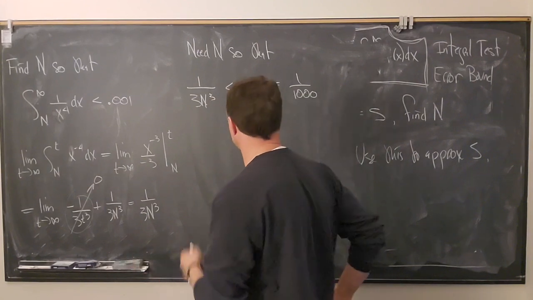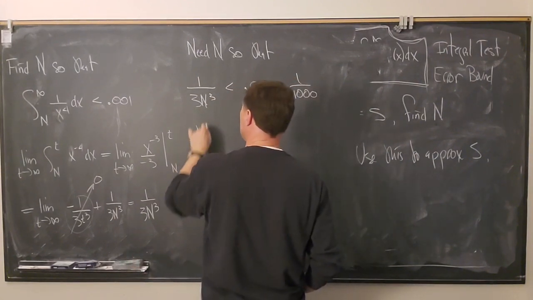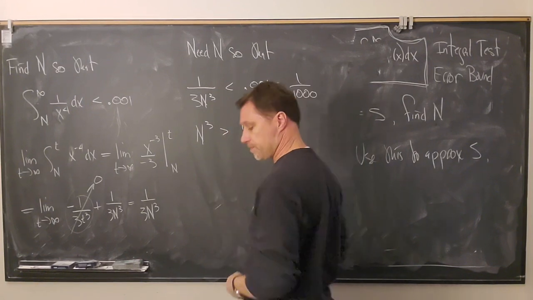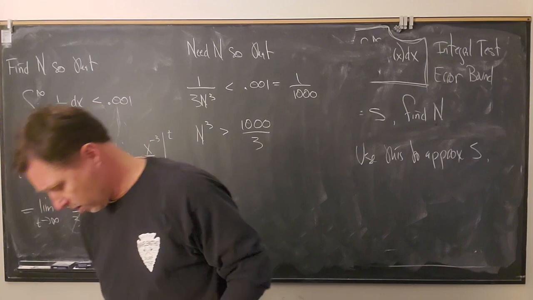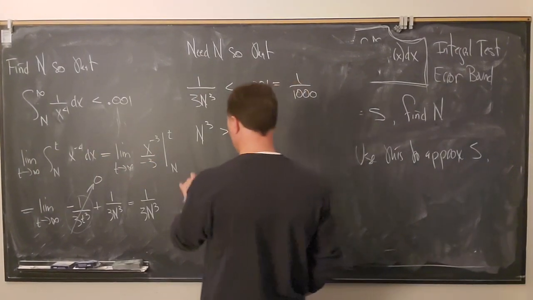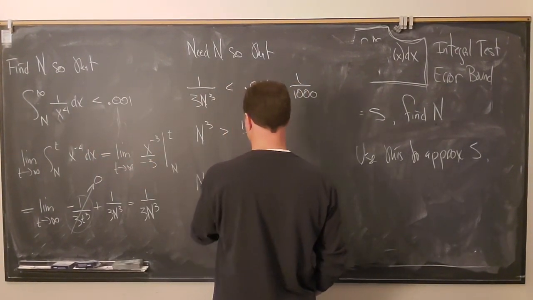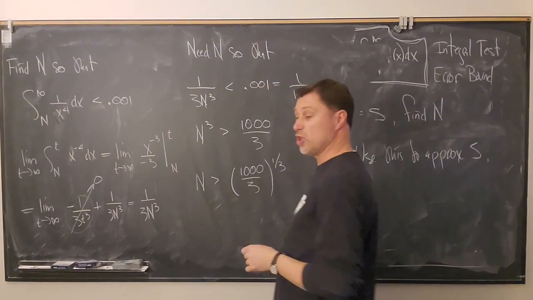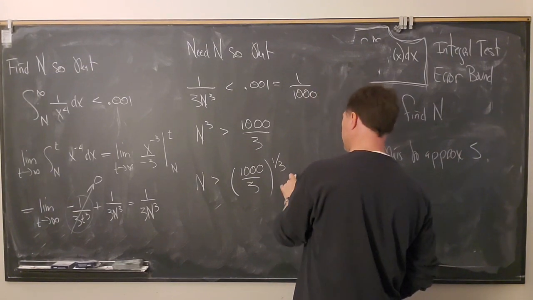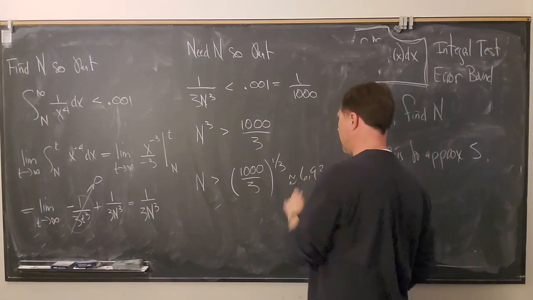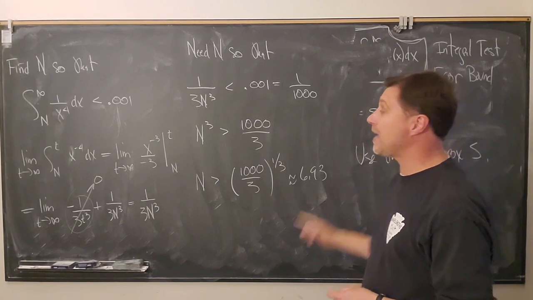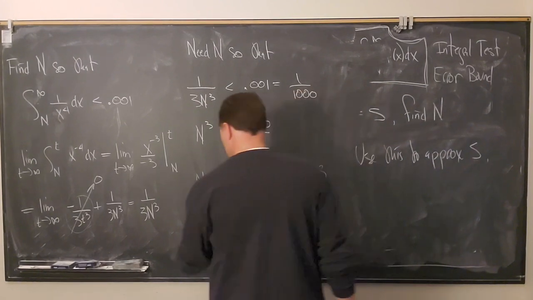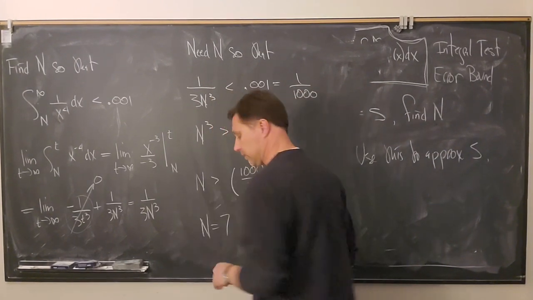If we solve this inequality, I need n cubed to be greater than 1000 over 3. If I take the cube root, we need n greater than the cube root of 1000 over 3, which is about 6.93. So I need n to be an integer greater than 6.93, so let's choose n equal to 7.